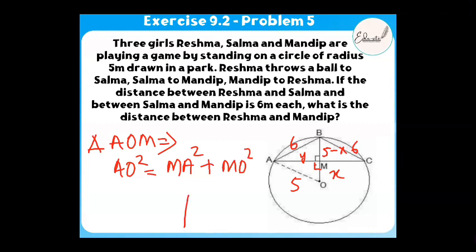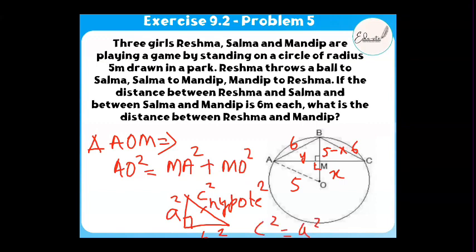If this is a right angle, this is the hypotenuse, right? The square of the hypotenuse, if this is side A and side B, is equal to A square plus B square. If you write this, C square is equal to A square plus B square. This is the Pythagoras theorem, which you had studied very long back, I think in the 6th grade.